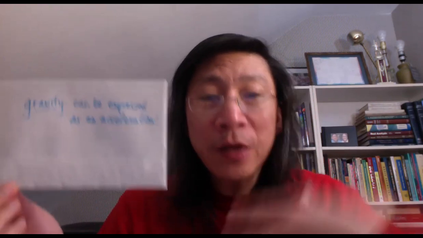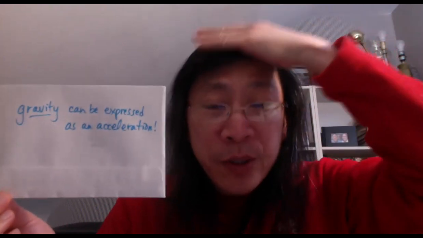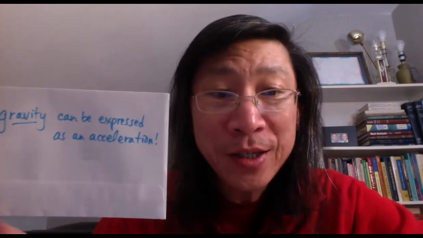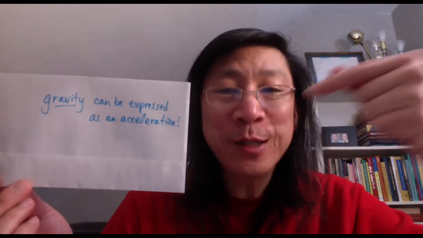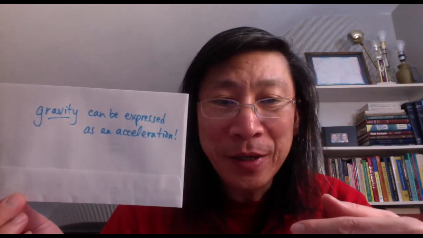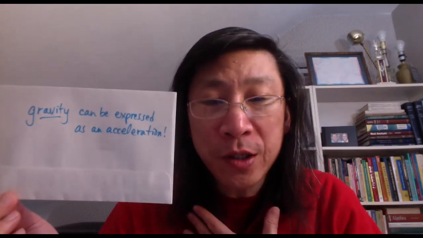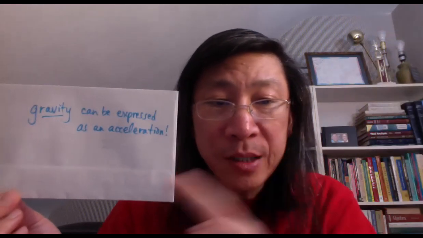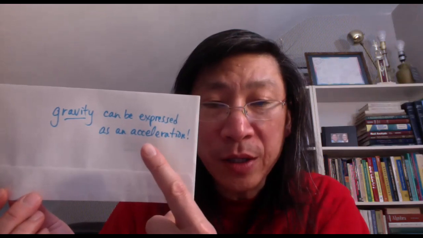So we experience gravitational force because we have mass, and force is mass times acceleration, right? So the gravitational force each object on Earth experiences is basically its mass multiplied by an acceleration.